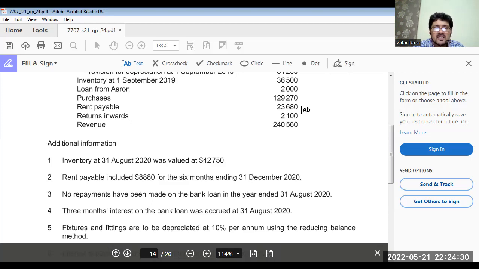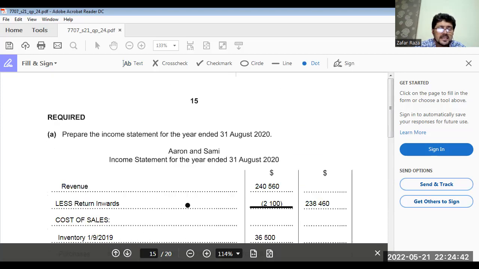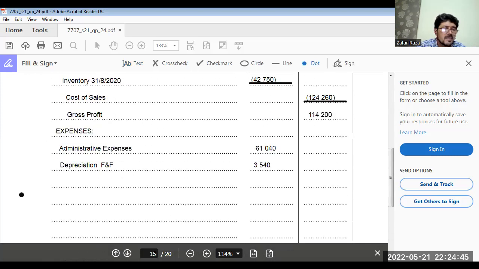So out of 23,680, we will deduct 4 months prepaid, that is 5,920. Getting my point here? That is how much? 17,760.